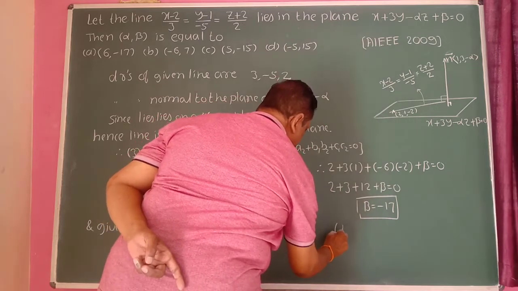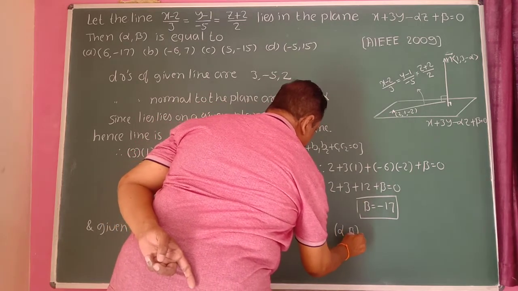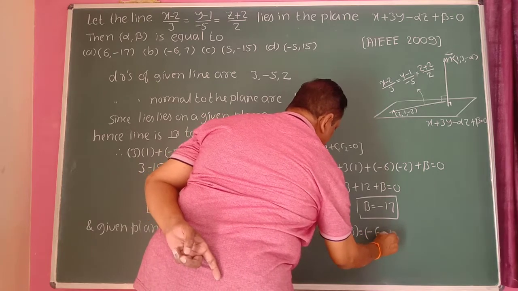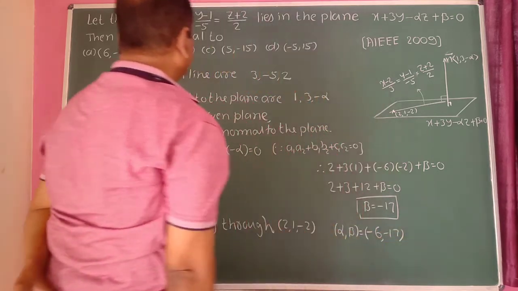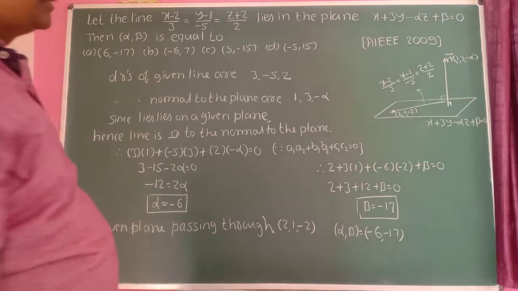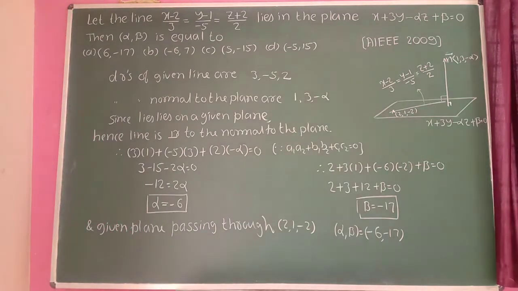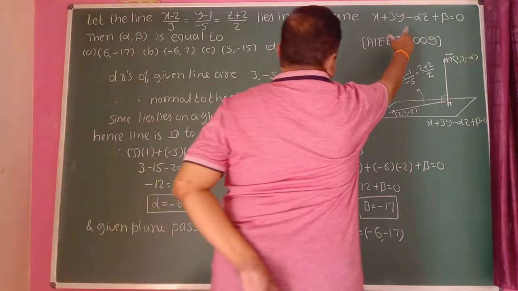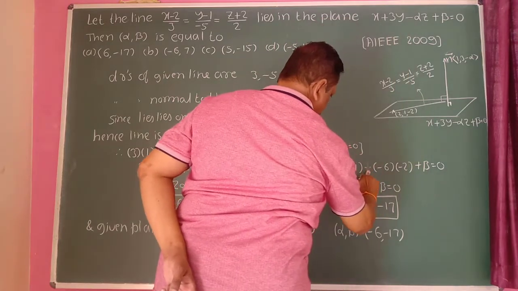Therefore alpha comma beta is minus 6, minus 17. Actually there is a minus sign here, not the plus sign, so write minus here.